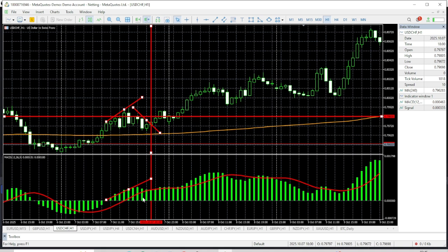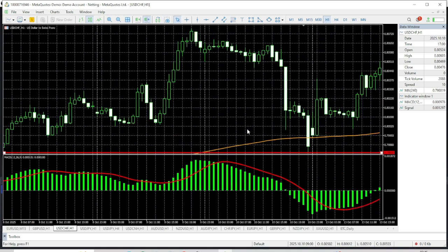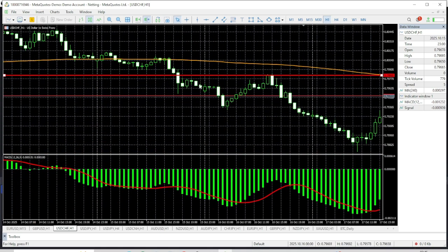The reverse is the case for the sell setup. In the sell setup, the bearish trend must be below the EMA, as we have here, EMA 240.